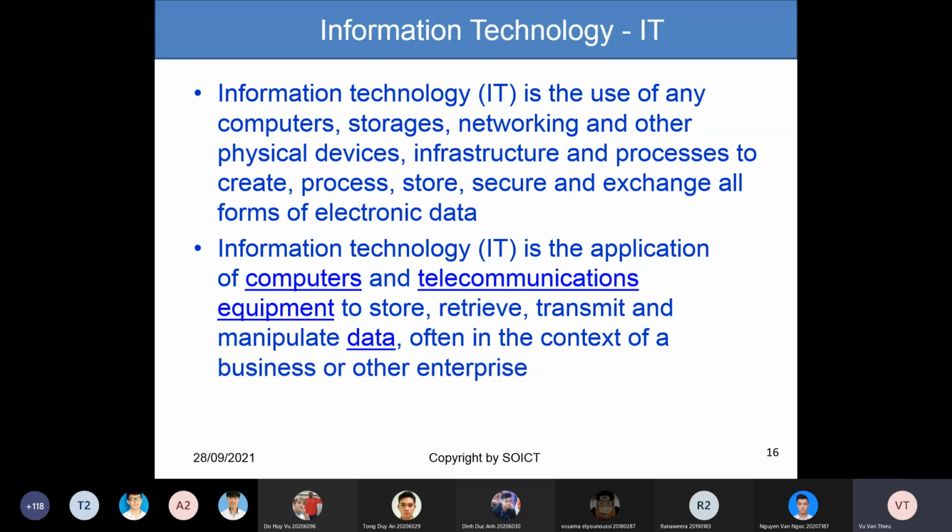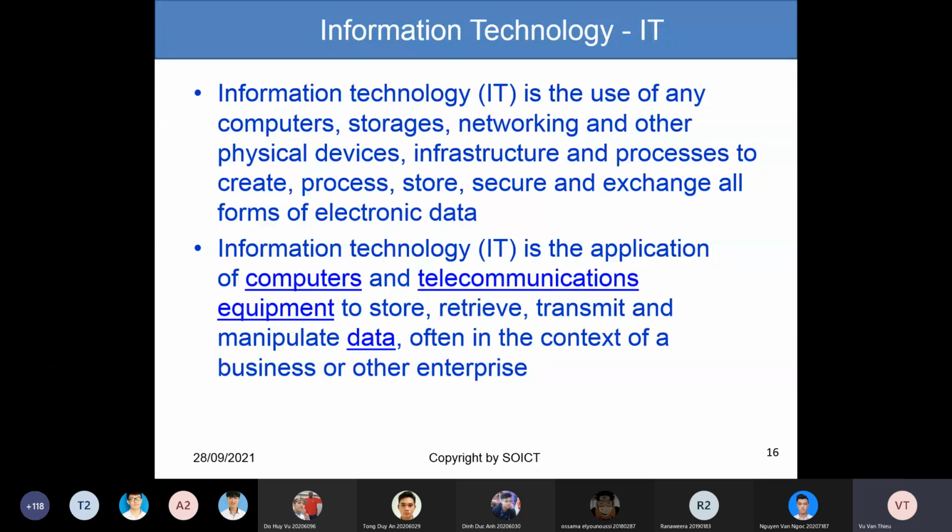So what is IT? Information technology is the use of any computers, storage, networking, and other physical devices or infrastructure and processes to create, process, store, secure, and exchange all forms of electronic data.